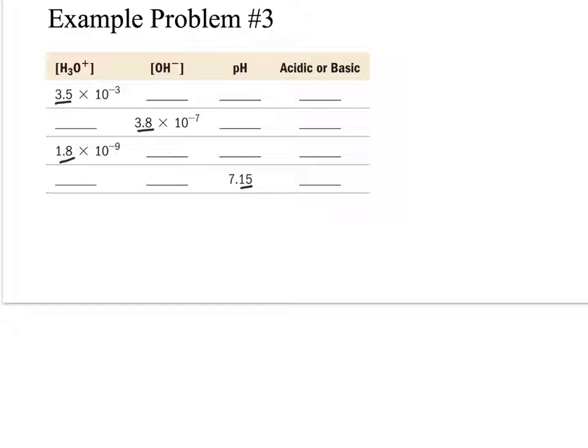All right, so let's look at row 1. Hydronium is equal to 3.5 times 10 to the negative third. To find hydroxide, that would be equal to 1 times 10 to the negative 14th divided by 3.5 times 10 to the negative third.